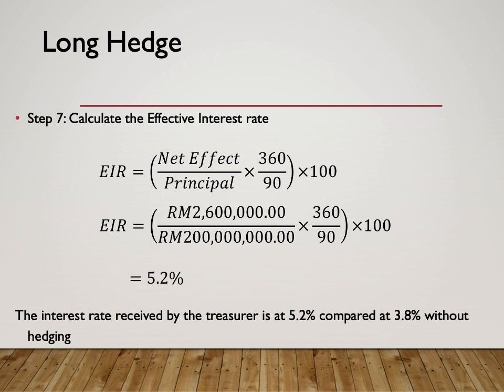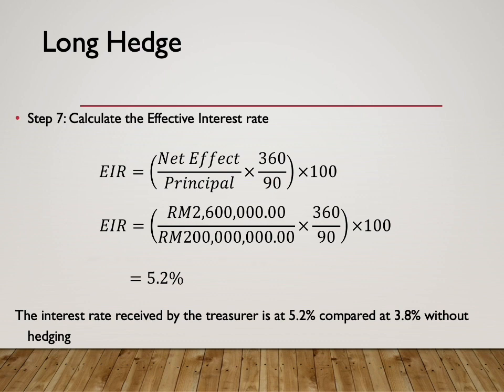If you compare with the hedging strategy, when you lend out your money, you receive interest of 5.2%, compared to without a hedging strategy, you just receive interest at a rate of 3.8%. So when people lend out their money, they want to get more interest because interest is their revenue. Let's move to the short hedge strategy.